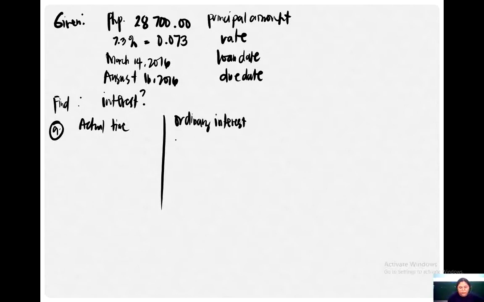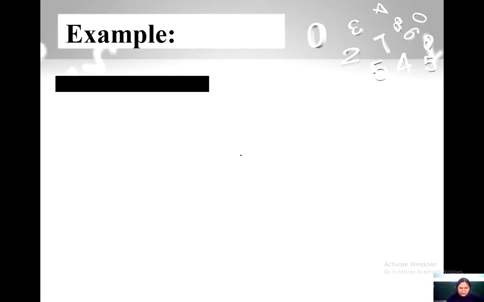Again, the formula for the ordinary interest is equal to the number of days of loan all over 360 days. Let's go back, it is 360 days.